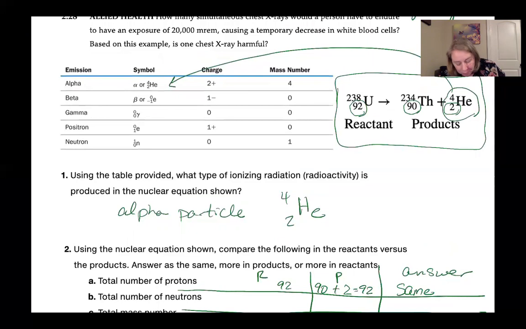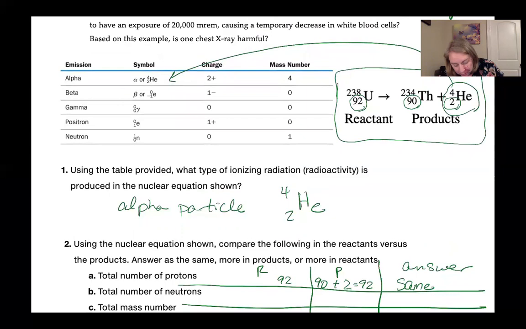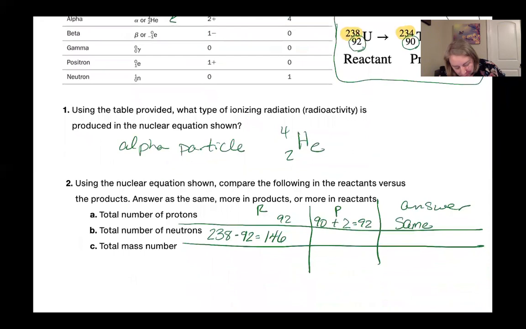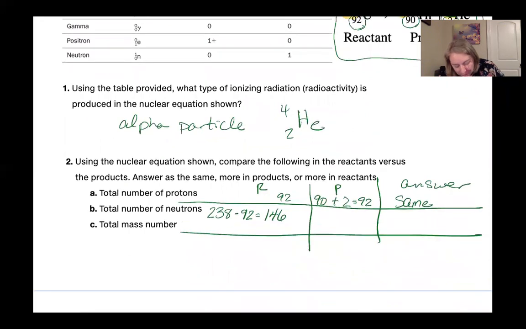How about our number of neutrons? We know that our number of neutrons is our mass number minus the number of protons. So here's our mass number, okay? So it's our mass number 238, that's our reactant, minus the number of protons, so minus 92, which should give us 146. Okay, now let's look at our product. Our product, we're going to have to do two little math things, right?